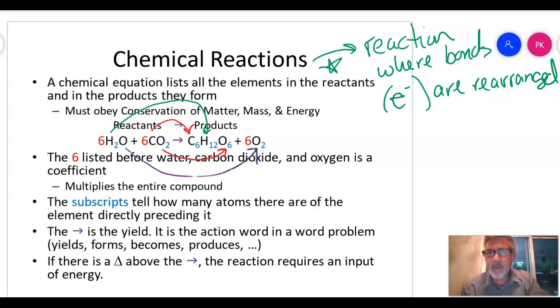Now that can't happen without enzymes. One thing that you have to know is these must obey the laws of conservation of mass, matter, and energy.